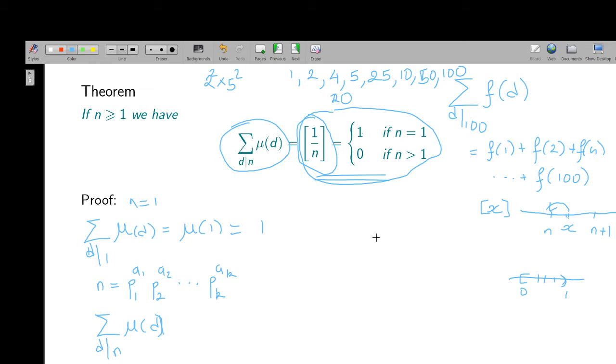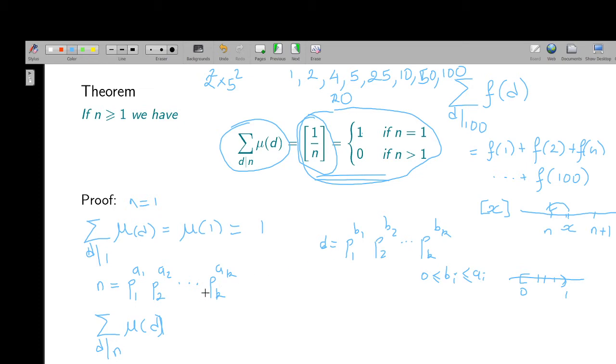The divisors of n are going to be of the form d equals p1 raised to b1, p2 raised to b2 up to pk raised to bk. This is very basic number theory, where your bi's lie between 0 and ai. Okay, so this is what a divisor of n is going to look like.